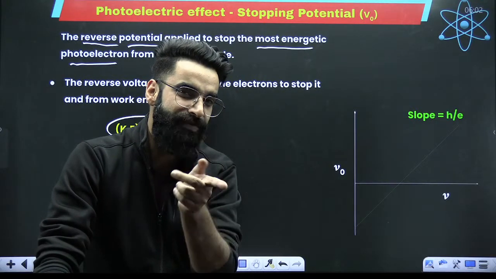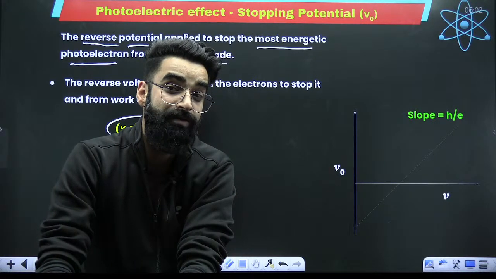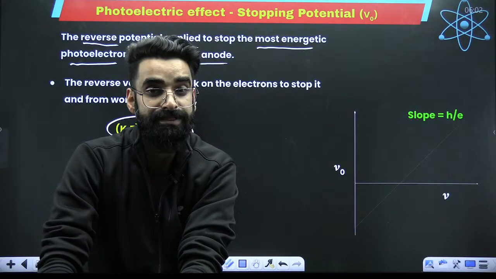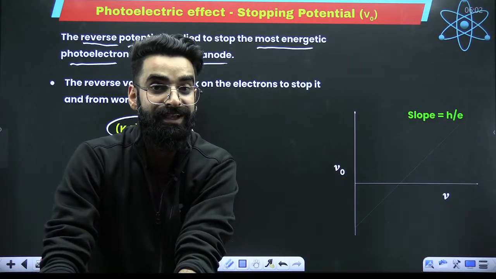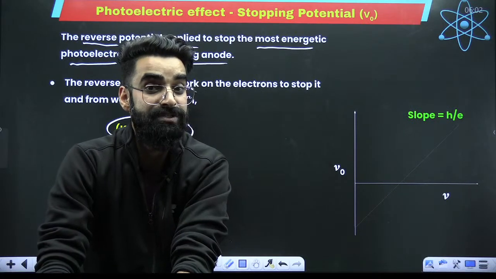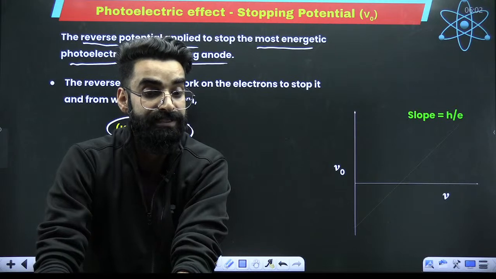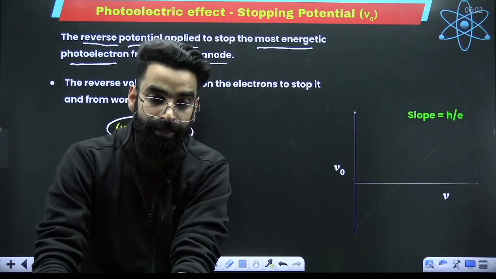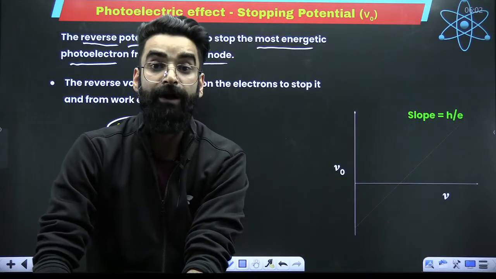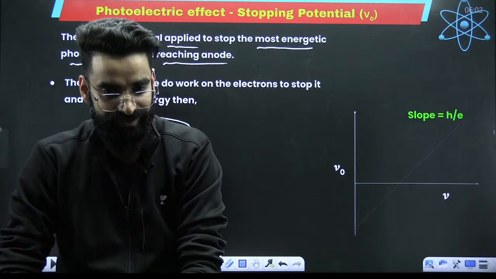And as the energy of the incident photon increases, the kinetic energy of the photoelectron increases. As the kinetic energy of the photoelectron increases, what happens to the reverse voltage, the stopping potential? Will it increase or decrease? The stopping potential will automatically increase, right? Because now we have to provide more reverse voltage to stop that high energetic electron. Yes?